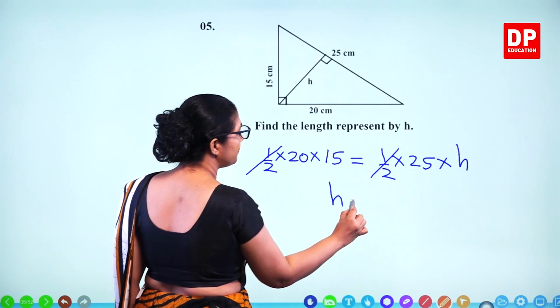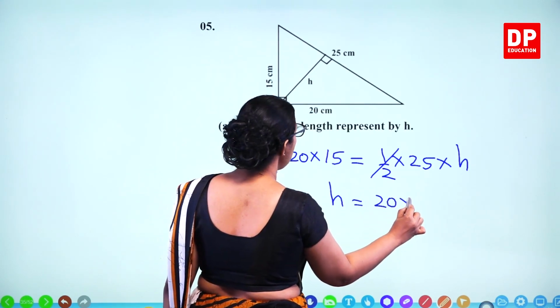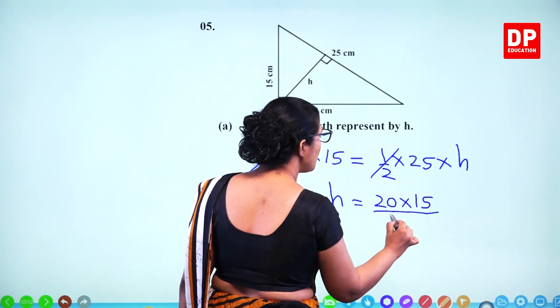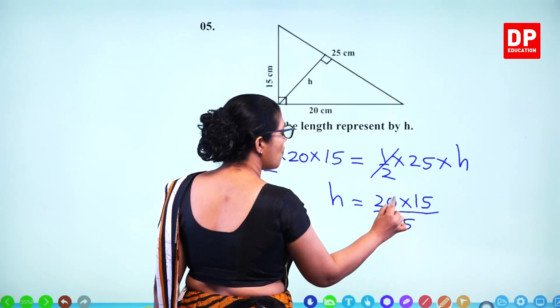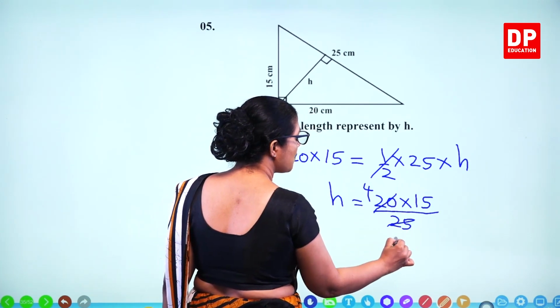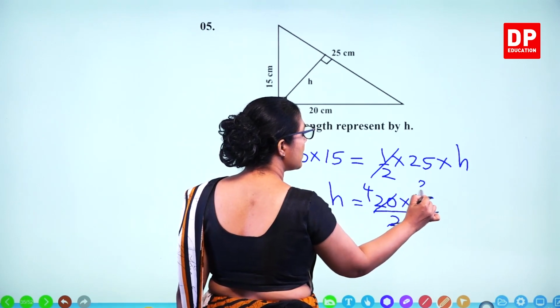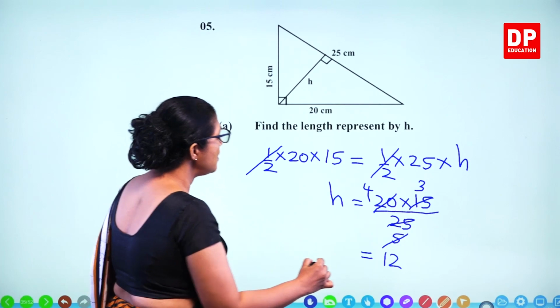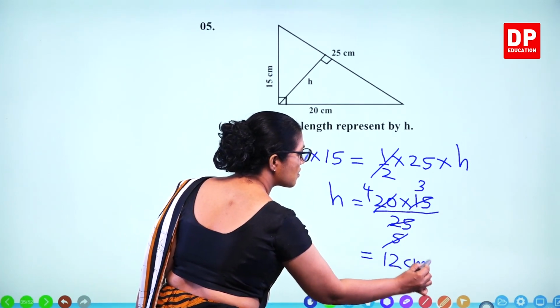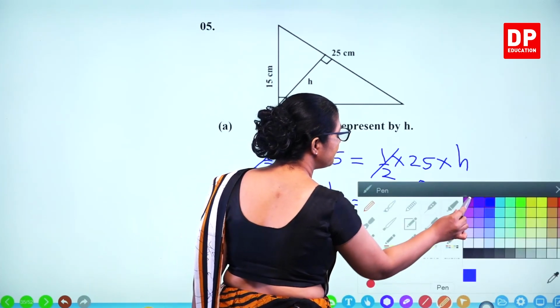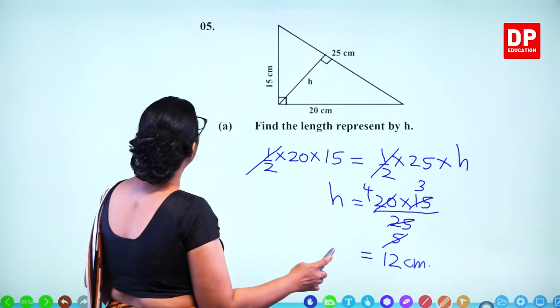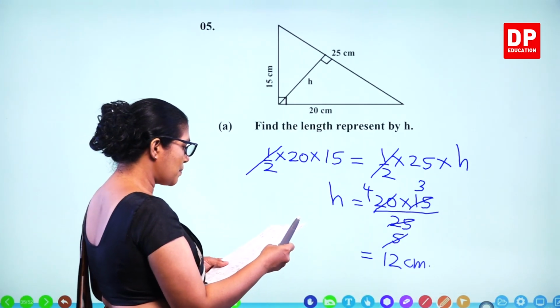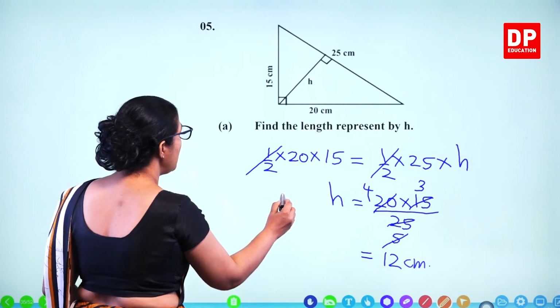So what's h? 20 into 15 divided by 25. 5 times 4, 5 times 5, 5 times 3 here. 4 times 3, 12. So this is in centimeters, 12 centimeters. How many marks for this part? You get 3 marks.